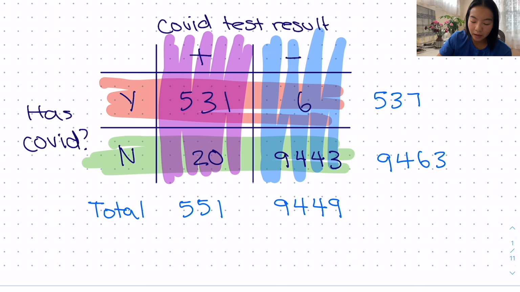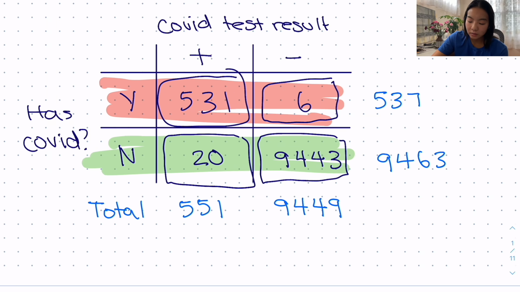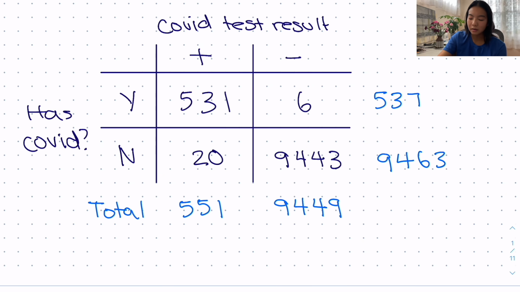So basically our categories are people who have COVID and test positive, people who don't have COVID but test positive, so a false positive, people who have COVID and test negative, which is a false negative, and people who don't have COVID and test negative, which, good, means you don't have COVID. Okay, so let's make this slightly more legible.